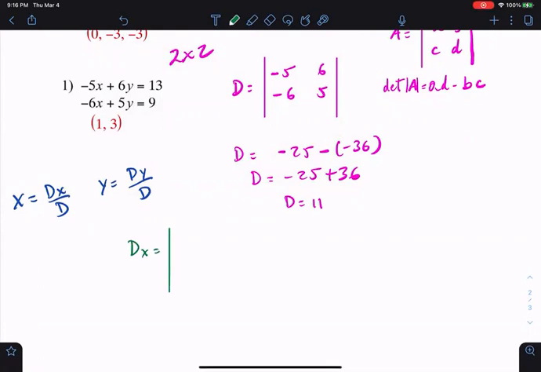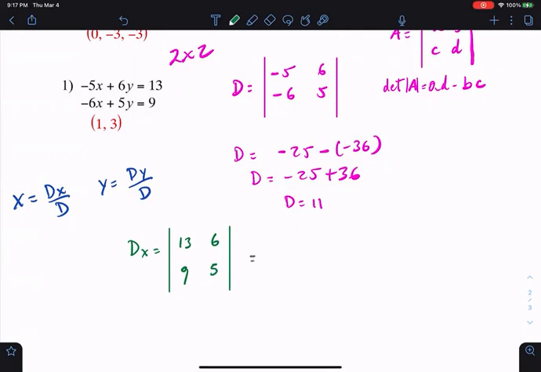When we're doing the determinant of the variable x, we need to replace the column of x with the right side of the equation, which is 13 and 9, right? So we need to write those two as a column. So this is 13 and this is 9, and the other numbers stay fixed for y. So this is 6 and 5. So we need to compute this.